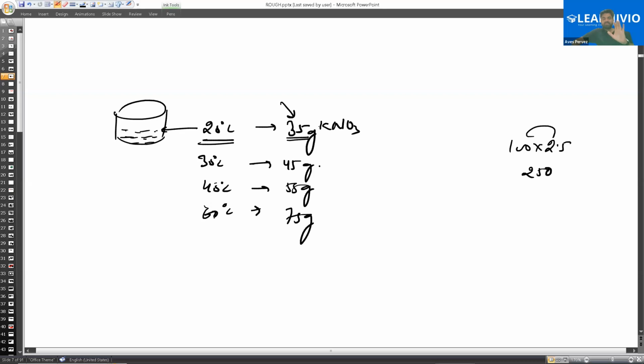At 60 degrees, if I jump it, you can maximum add 75 grams, from 35 to 75.